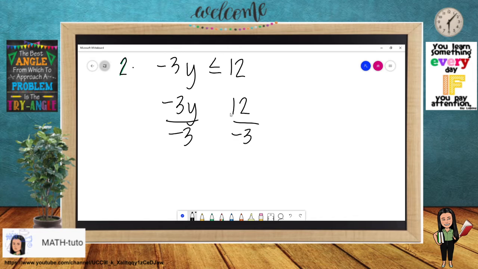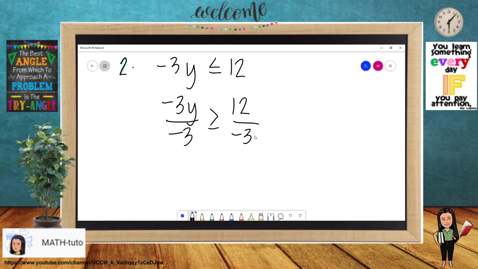And remember, if we are dividing by a negative number, we need to change the sense of inequality to its opposite, which means that since our inequality here is initially less than or equal to, it will be greater than or equal to after we divide by -3.